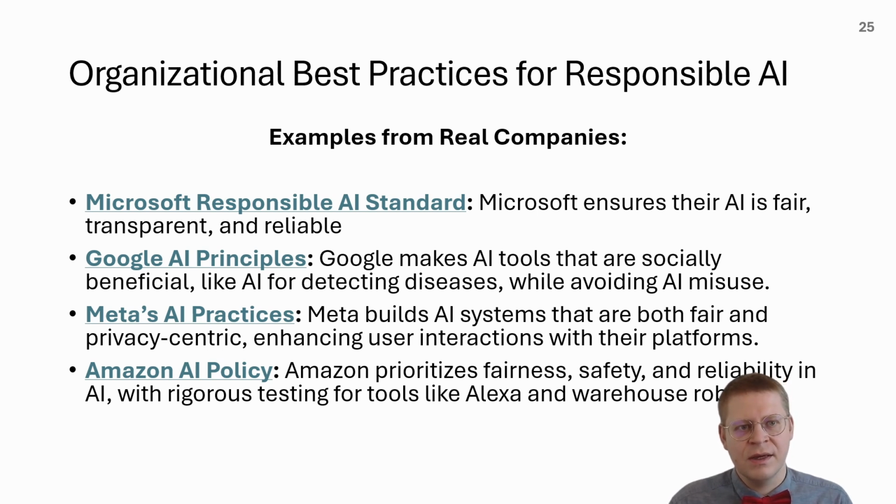And finally, Amazon emphasizes safety and reliability by testing AI technologies like Alexa or warehouse robots to ensure they perform accurately and responsibly. And these examples show the diverse strategies companies adopt to integrate responsible AI into their operations.